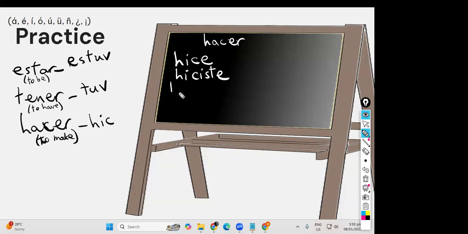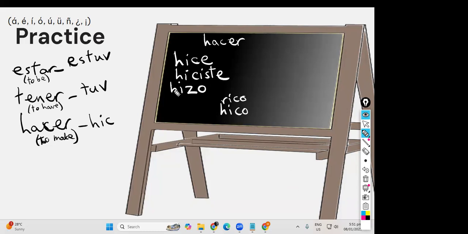Now here it gets a little bit interesting. Instead of the C it is going to be hizo with a Z, right? Usted, hizo. Now you can logically figure out why that is. This is just an aside. If I write it like this, how do you pronounce R-I-C-O? We say rico. So if I put H-I-C-O, I'd have to say hico. But I'm trying to preserve the soft C sound. So to get that soft sound, I have to put a Z, right?